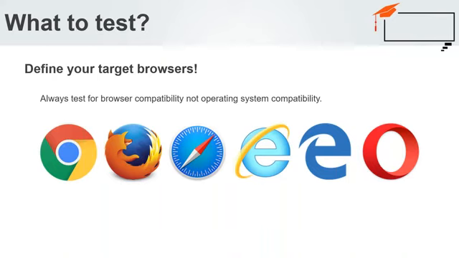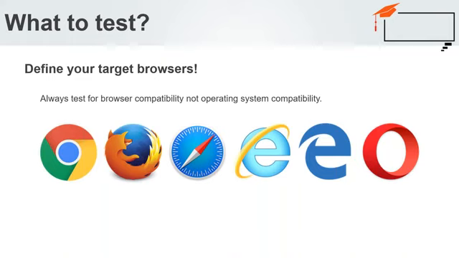That said, there are a few browsers that only run on a specific operating system, like for example Internet Explorer only runs on Microsoft Windows, so there's no question on which operating system you will test for this browser. But browsers like Chrome or Firefox can be run on Windows, on Mac OS, and on Linux, for example.